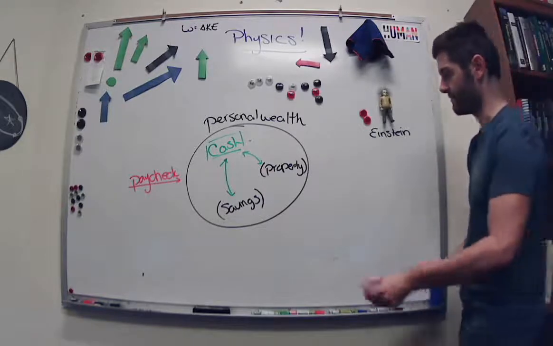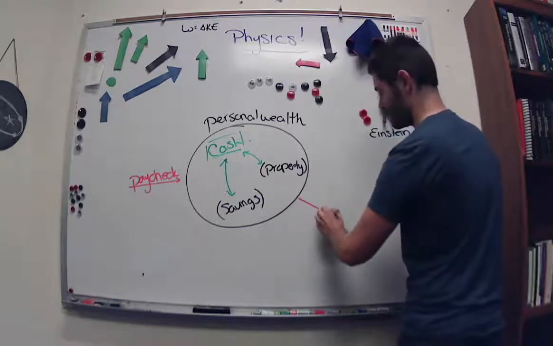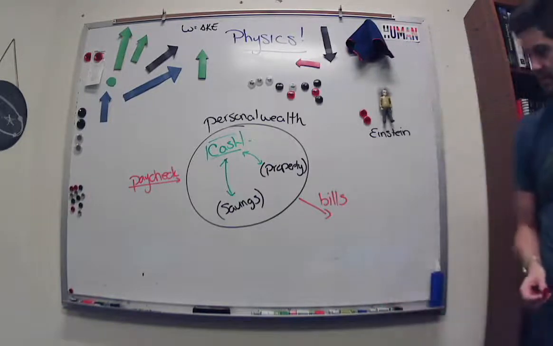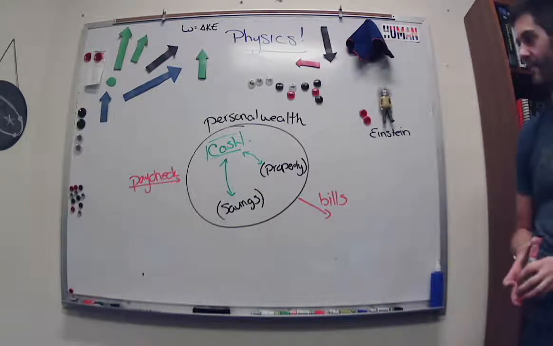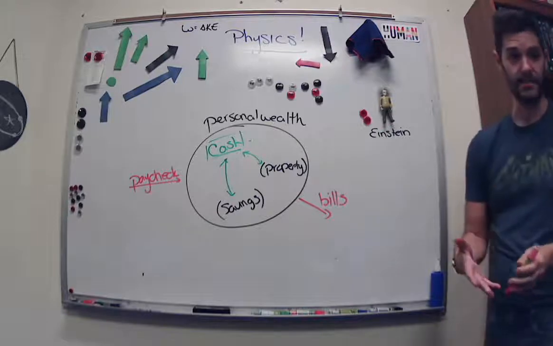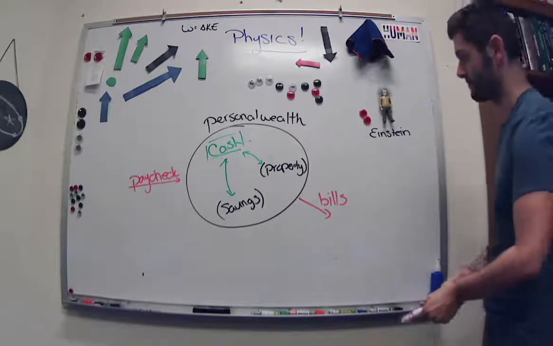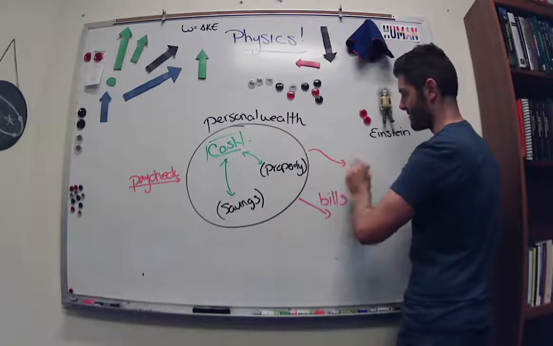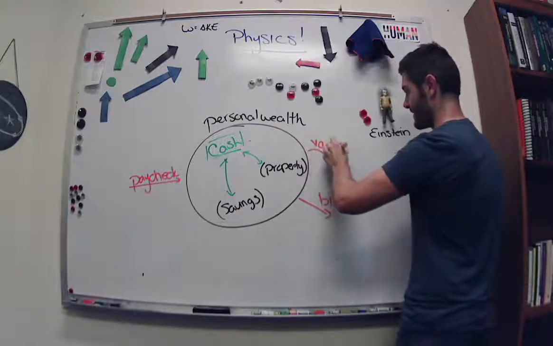Though, in the same vein, there's ways for your personal wealth to decrease. Perhaps you have bills that you have to pay. That might make your personal wealth decrease. There might be also other things you spend money on that you cannot get back. Like say you take a vacation.